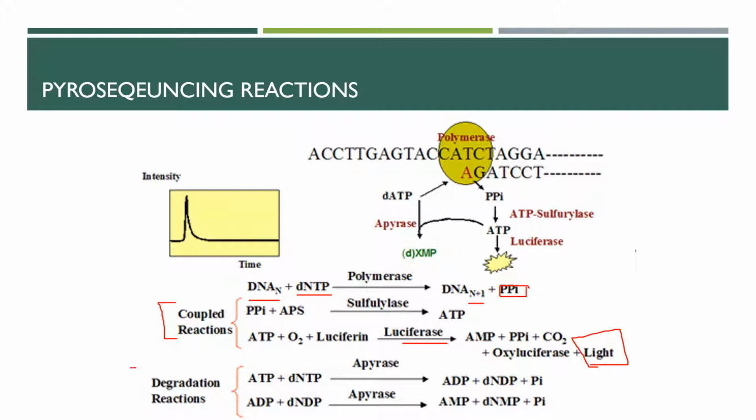But in the case that the dNTP is non-adjacent, or it is non-complementary to the elongating DNA strand, then it gets converted into, first of all, diphosphate form by apyrase and then into monophosphate form, so that it gets degraded and no light signal is produced.